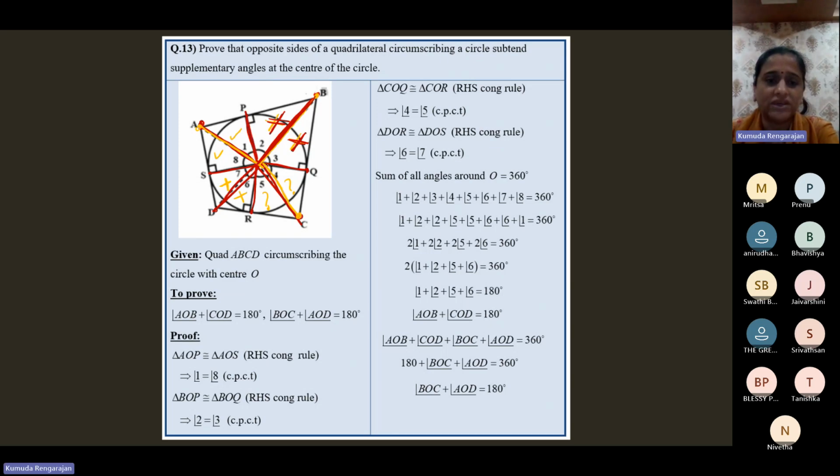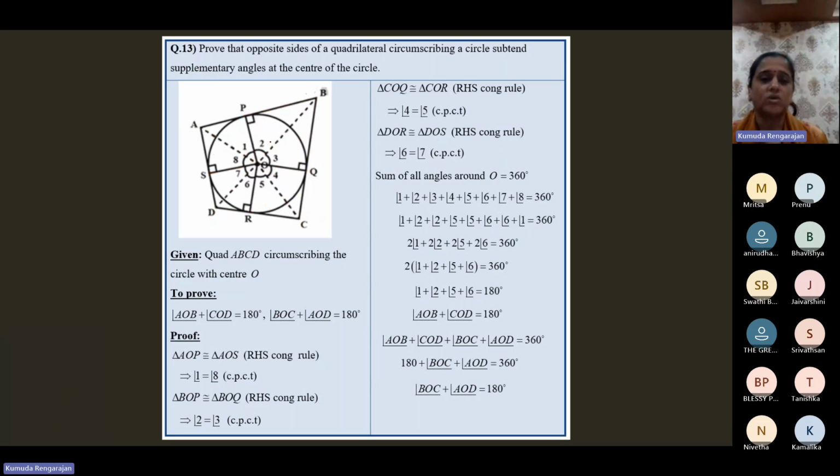Then OP is equal to OQ, radii of the circle, and BP is equal to BQ. Tangents from an external point to the circle are equal. BP is equal to BQ, all right? Then OP is equal to OQ, radii, and BO is the common side. SSS rule.